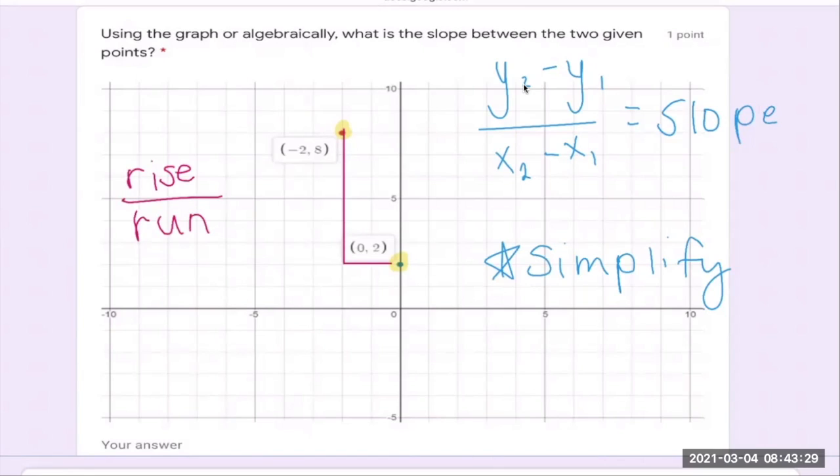And so again, that's going to create a fraction that you need to simplify. The other thing to point out on this one is your slope positive or negative. If you're not sure, you can always head to your notes. On page 82, it will help to tell you if you have a positive slope, negative slope, a slope of 0, or an undefined slope.